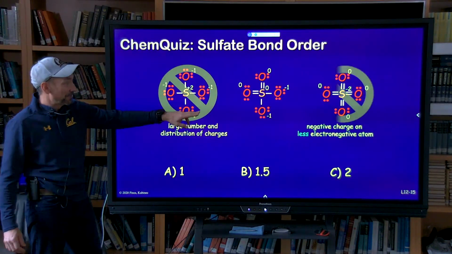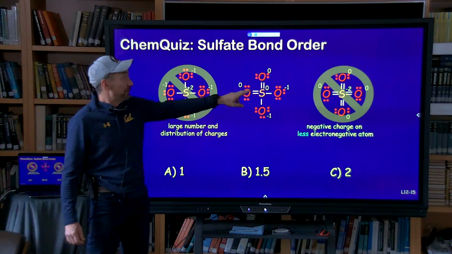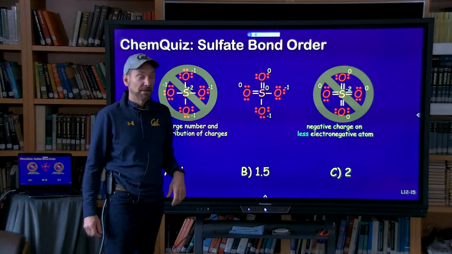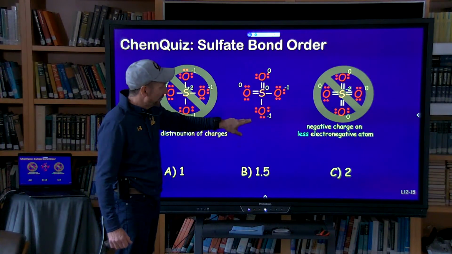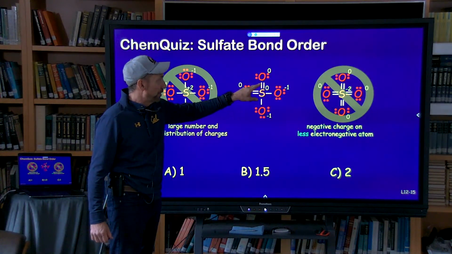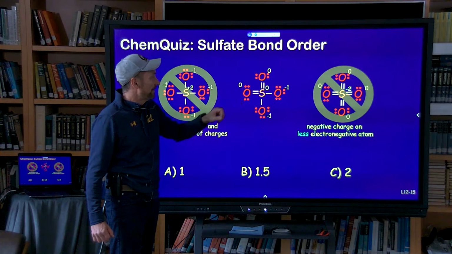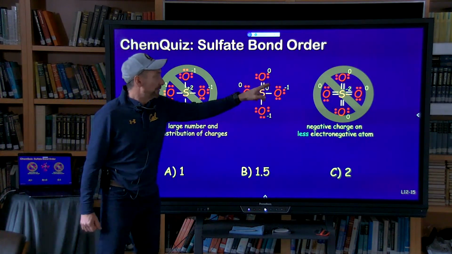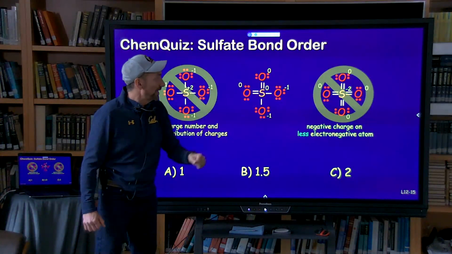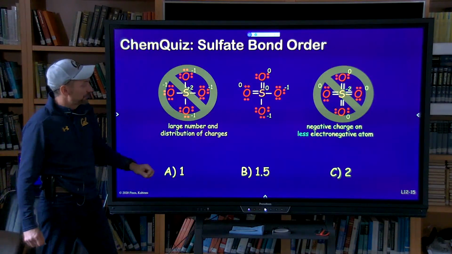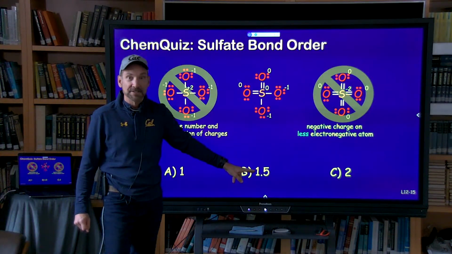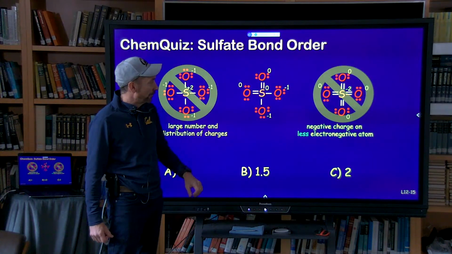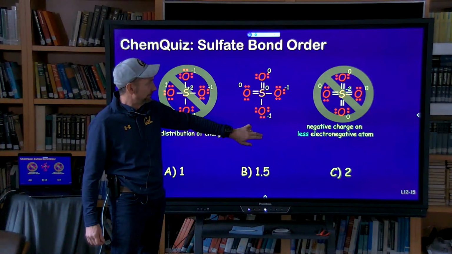That one, the negative charge is on the less electronegative element. So this is the better Lewis structure. And if you draw that Lewis structure, the bond order, there's 1, 2, 3, 4, 5, 6 bonds divided between those 4 bonding locations. So 6/4 or 1.5 is the bond order for the sulfate ion.